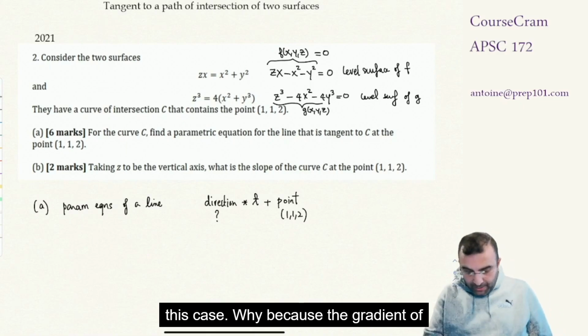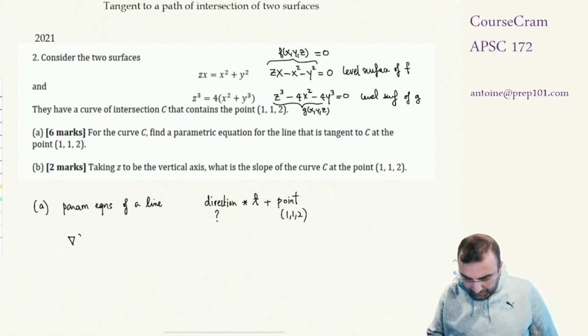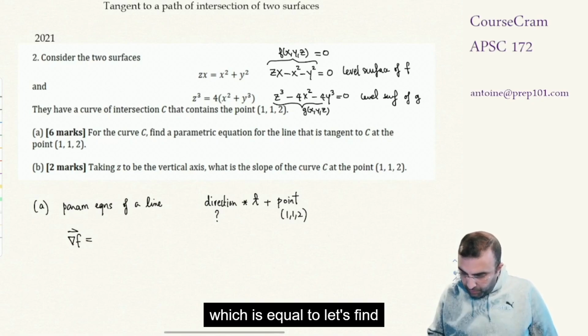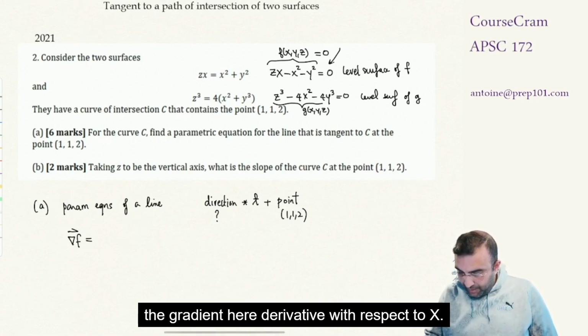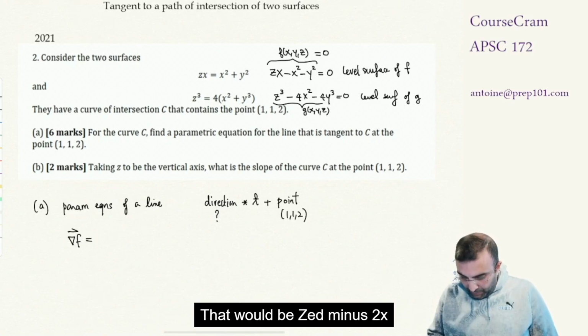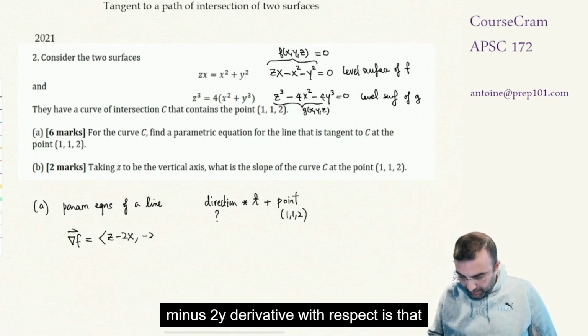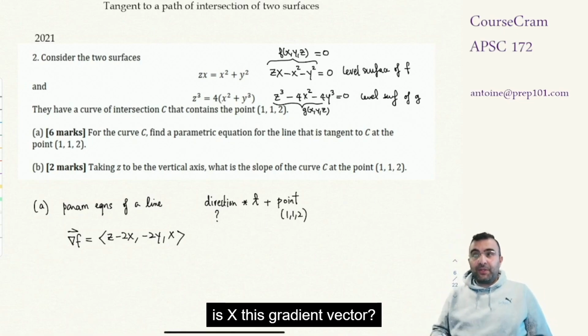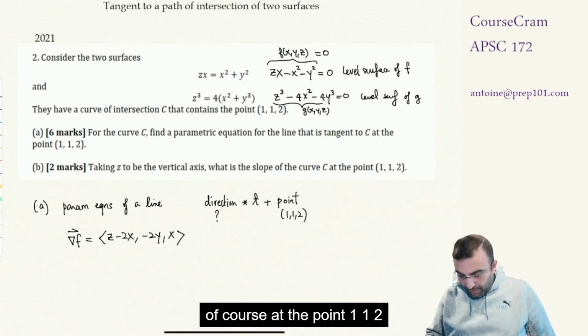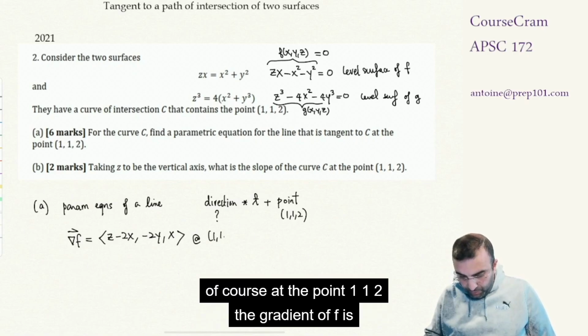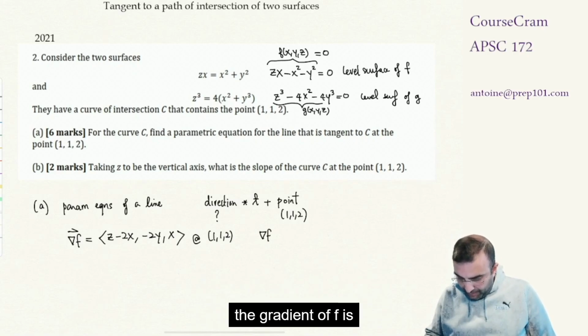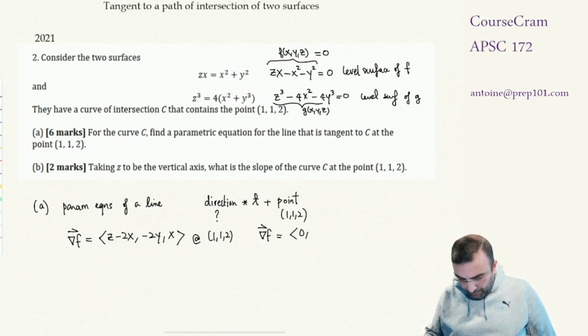Why? Because the gradient of F, let's find the gradient here. Derivative with respect to x, that would be z minus 2x. Derivative with respect to y is minus 2y. Derivative with respect to z is x. This gradient vector, of course, at the point (1, 1, 2), the gradient of F is equal to (z minus 2x, minus 2y, x).